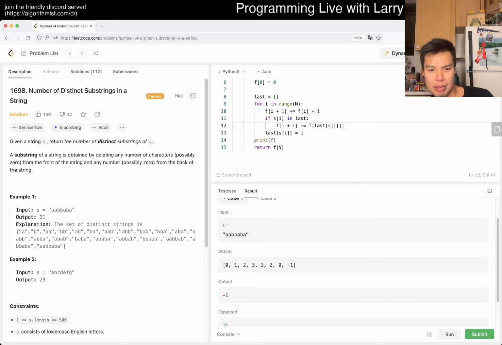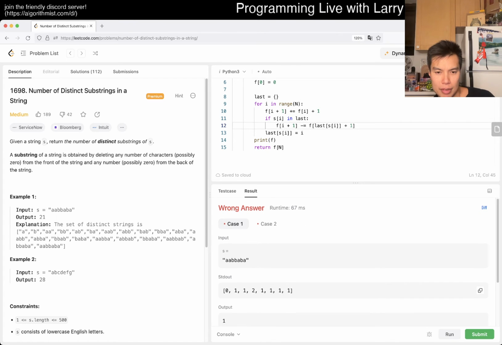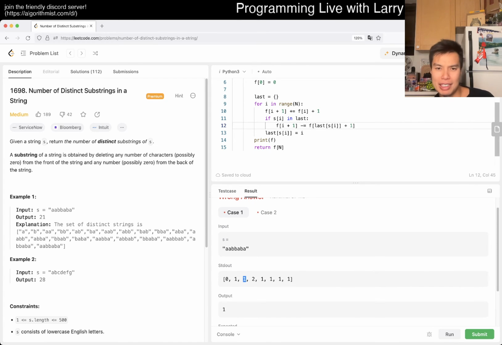Am I wrong? No, it's because it's still not double counting. That's why. Basically, this. Because this wants to give me the unique one, but it doesn't because I don't double count.